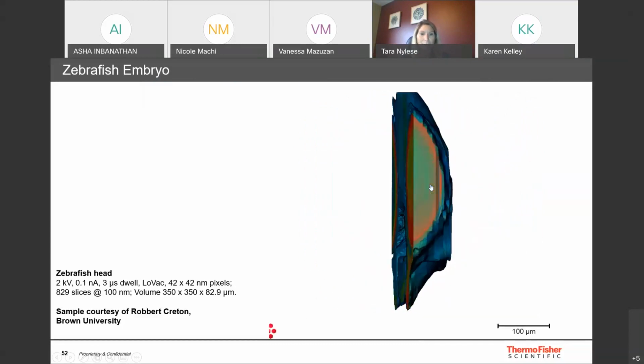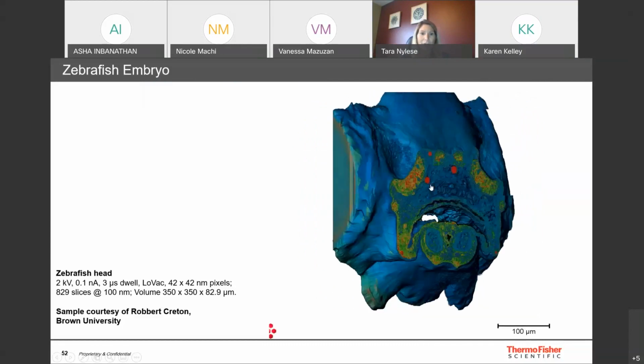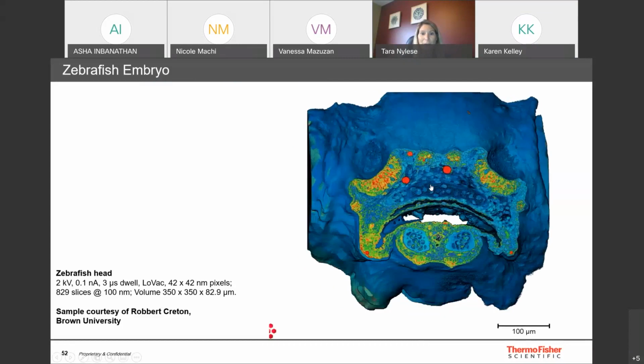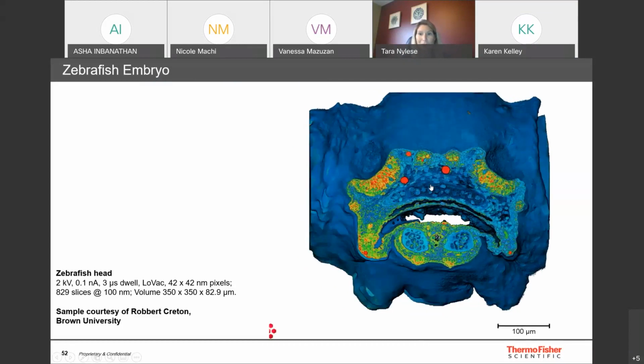And so ultimately the volume that's covered is 350 by 350 microns, which is quite large, but also keeping some of the detail that we could see here on the back side of it.